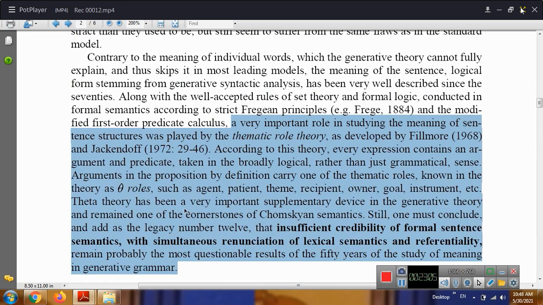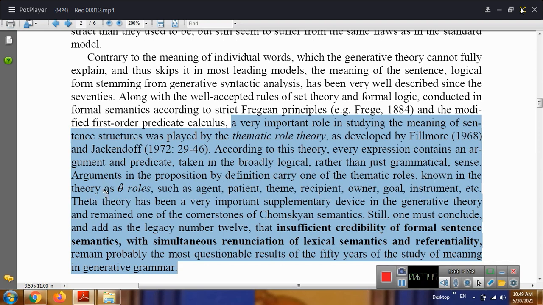A very important role in studying the meaning of sentence structures was played by thematic role theory, developed by Fillmore and Jackendoff. Based on this theory, every expression contains an argument and a predicate, taken in the strictly logical rather than just grammatical sense.